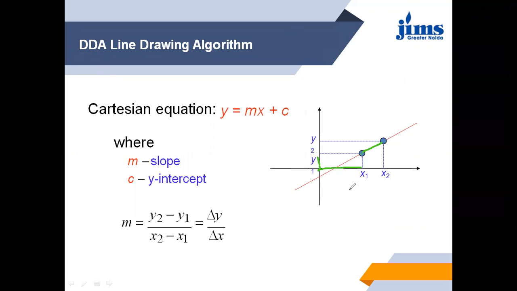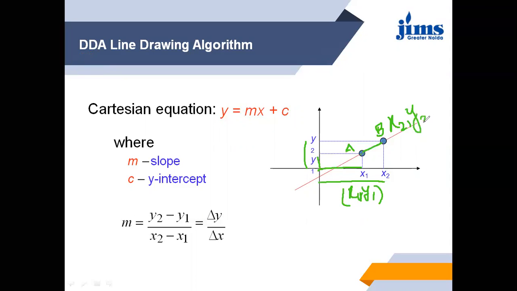The second endpoint, point B, has x2 in the x direction and y2 in the y direction. So these are two endpoints.